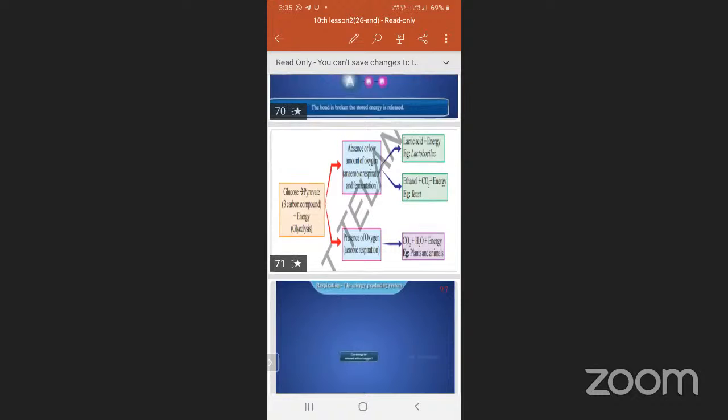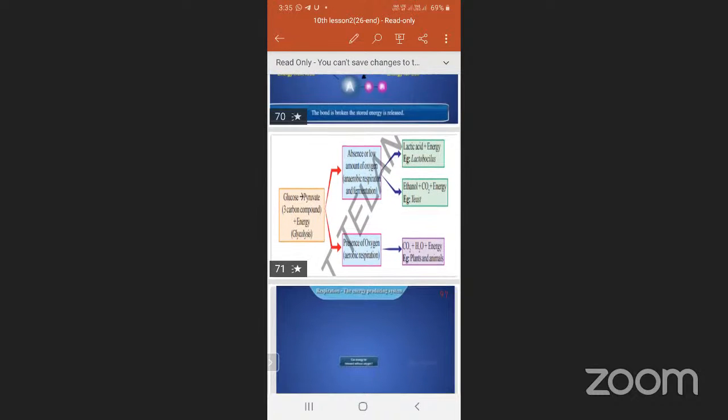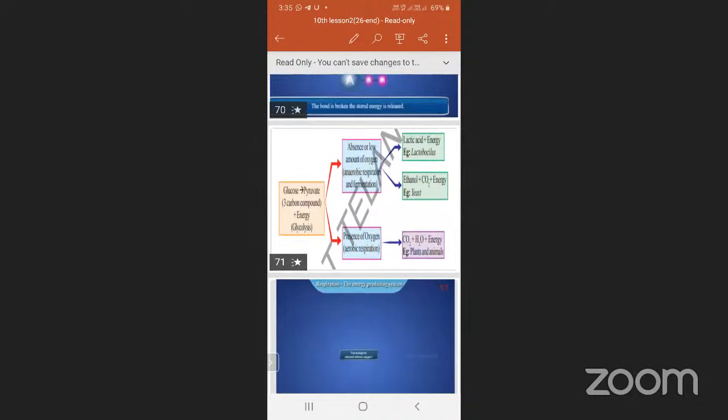Very important, a large amount of energy is released in the down arrow mark. Okay, so here, in the presence of oxygen, aerobic respiration, CO2 plus H2O plus energy. Example, plants and animals. Here a large amount of energy is released.